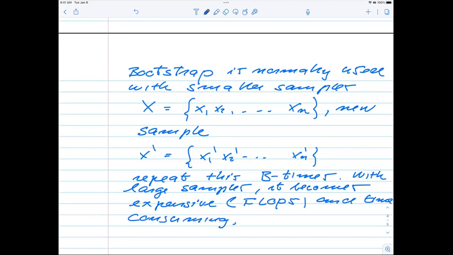Now, the resampling techniques like Bootstrap, they also have another scope, and the other scope is actually to regenerate new data sets without having to rerun the experiment.